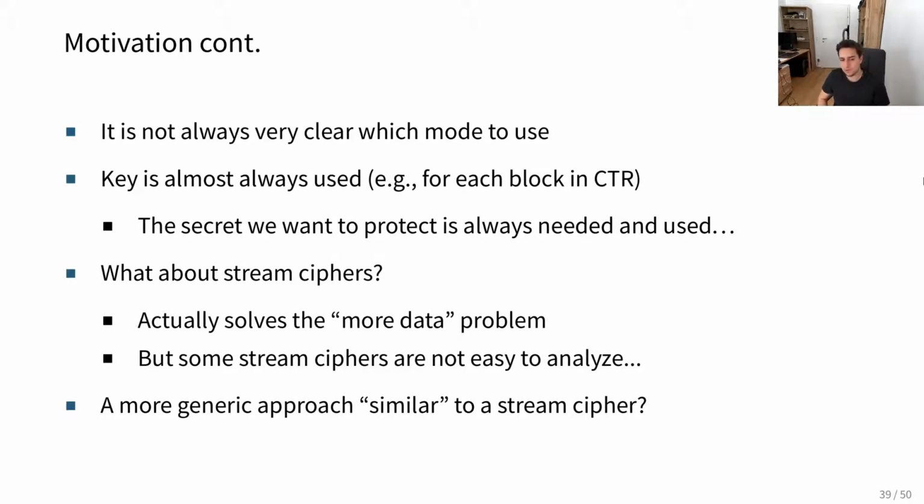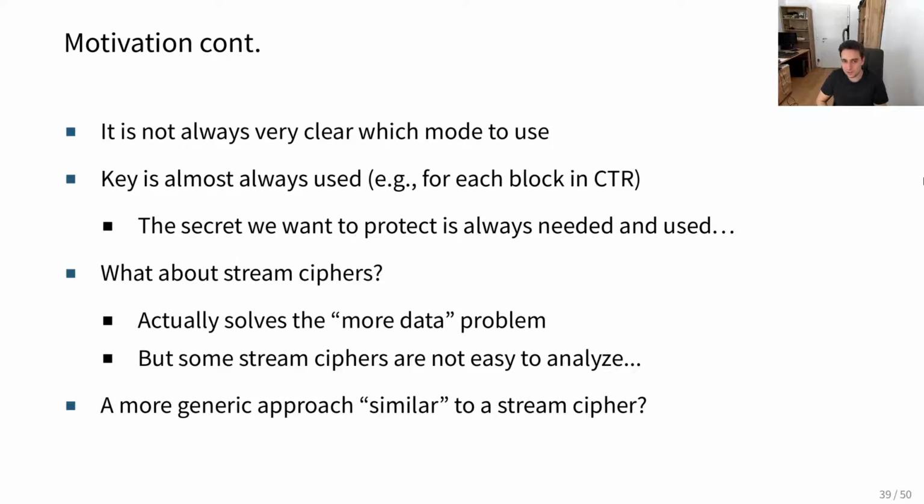And we heard about stream ciphers before, and this solves the more data problem. But there are also other problems with stream ciphers. Some of them are not very easy to analyze, also when it comes to the maximum period. And the question is, is there a more generic approach, which is maybe easier to analyze, easier to build and easier to adapt, and which is somewhat similar to stream ciphers?